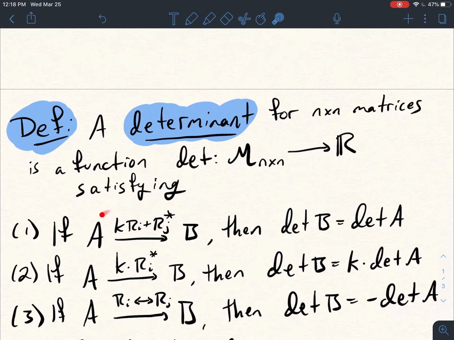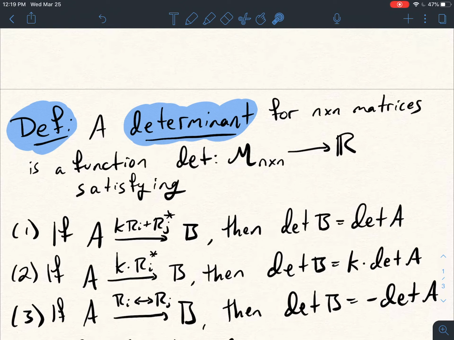The idea is that if we do a row operation, that should change the determinant of your new matrix in some way depending on which row operation you did. If we add a multiple of a row to a different row, then that should not change the determinant at all. These are just going to be the same.